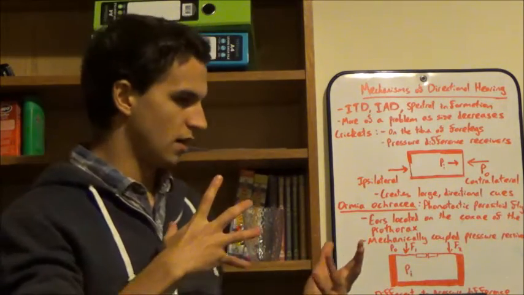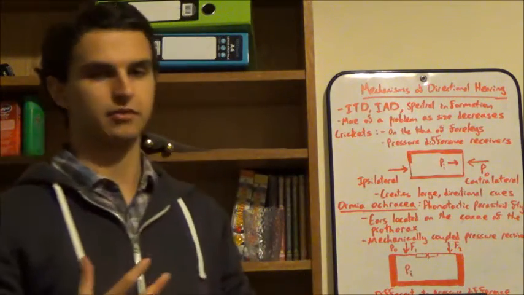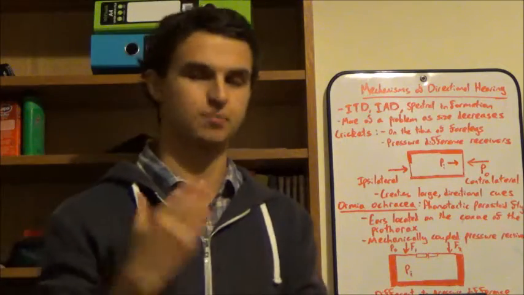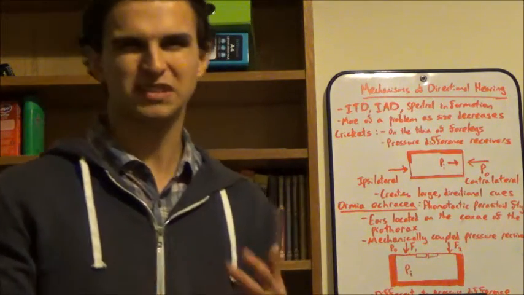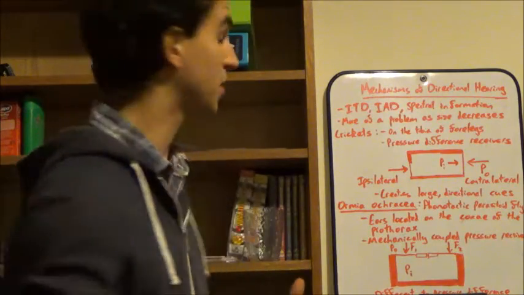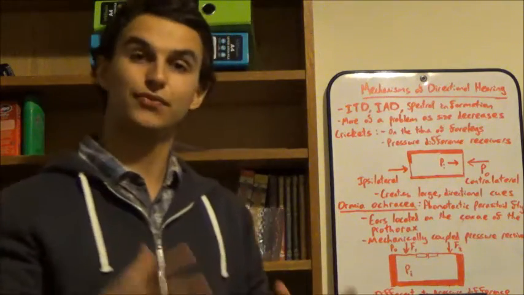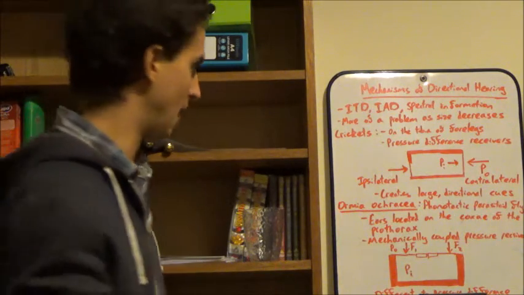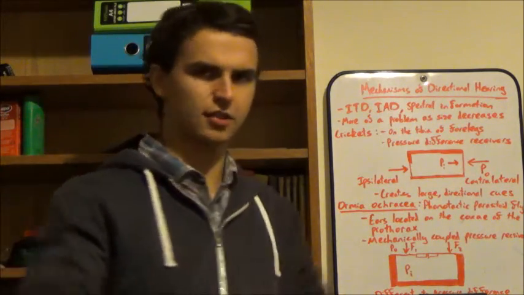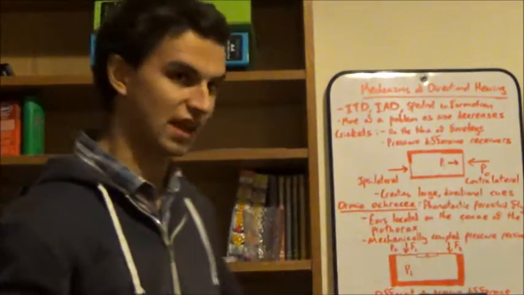Now, I seemed to suggest last time that there were only two types of ear, didn't I? So there was the pressure receiver and there was the particle velocity receiver. Well, that was a kind of a lie, I'm afraid, because there are various different kinds of pressure receiver. And we're going to be talking about them just now. So obviously there's a simple pressure receiver, which I drew last time.